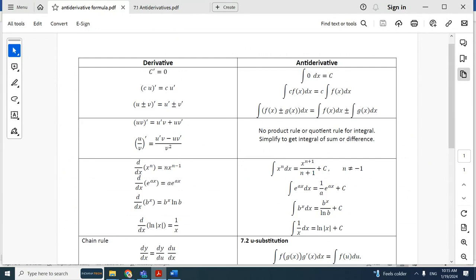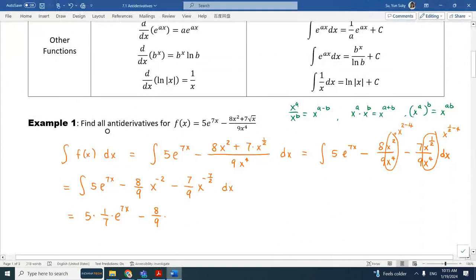But negative 2 is okay, so we can use that one. The integral of x to the negative 2: you add 1 to the exponent, and it becomes negative 1, since negative 2 plus 1 is negative 1. Then divide by the new exponent, which is negative 1.